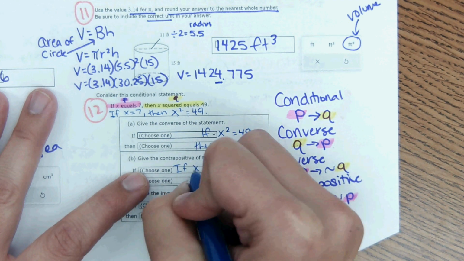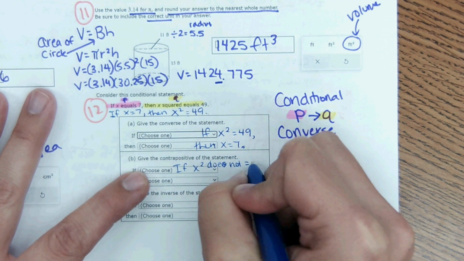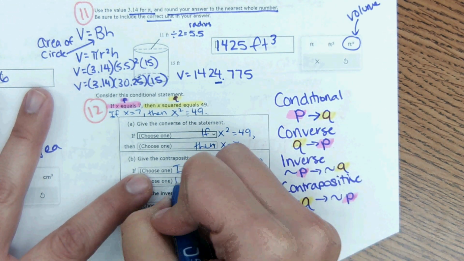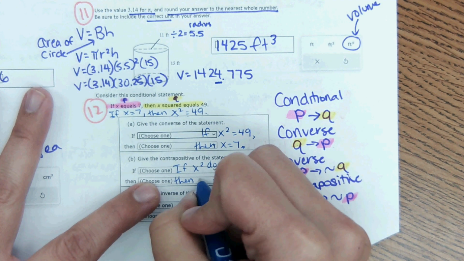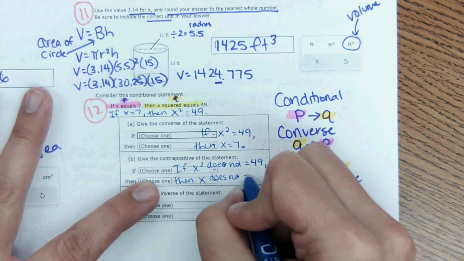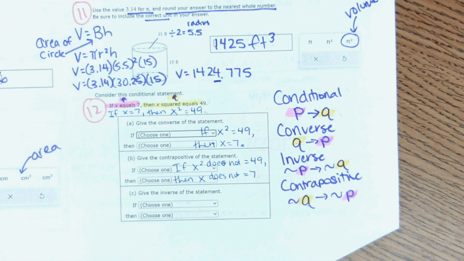If x squared does not equal 49, then x does not equal 7. So that would be the contrapositive.